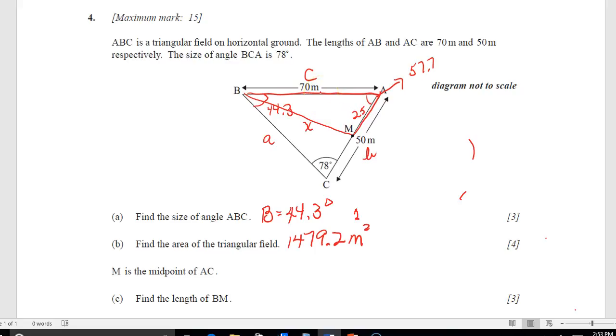So we're going to use law of cosines. So x squared, and then the two sides are 70 on the red triangle, 70 squared plus 25 squared minus 2 times those two sides, 70 times 25, times the cosine of the angle between them, which is 57.7.